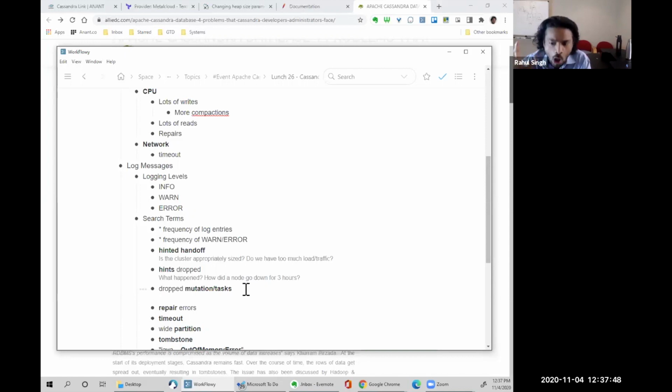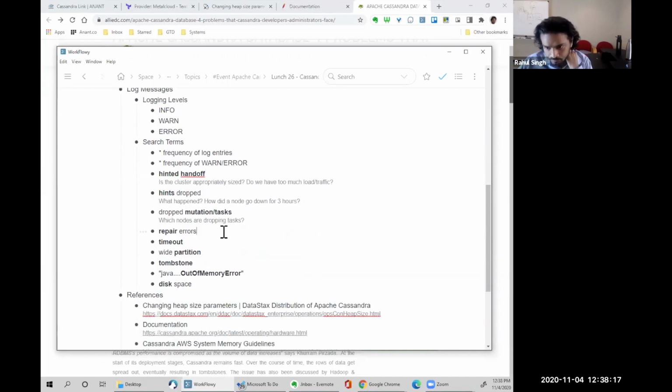But just in the logs, you'll see messages dropped, right? Tasks dropped. And what that means is, okay, something is too busy. Maybe this node is too busy. Request dropped, response dropped, so this is important. What we've got to ask here is, which nodes are dropping tasks? And it just points to something else that may be going on, right?